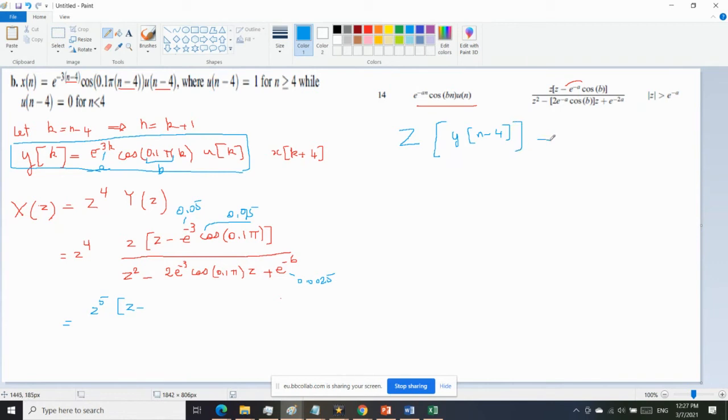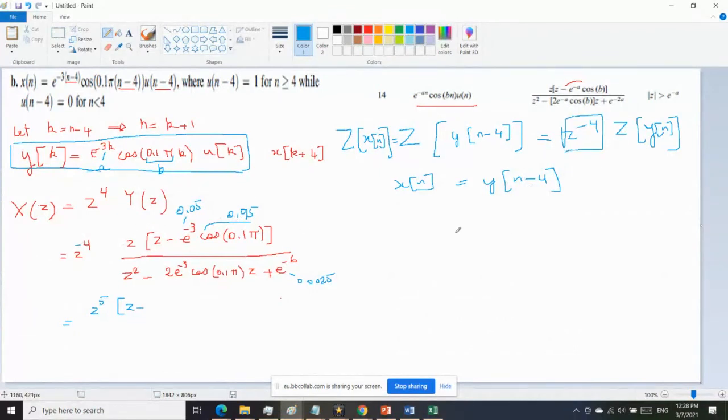So this becomes z to the power of minus 4 times the z transform of y, the z transform of x. It is the z transform of y of n minus 4. We take y and shift it by minus 4 to become x, because x of n is y of n shifted by 4. Yes, correct. Now we find the z transform of y from the table, and this whole part comes out, then we must multiply it by z to the power of minus 4.